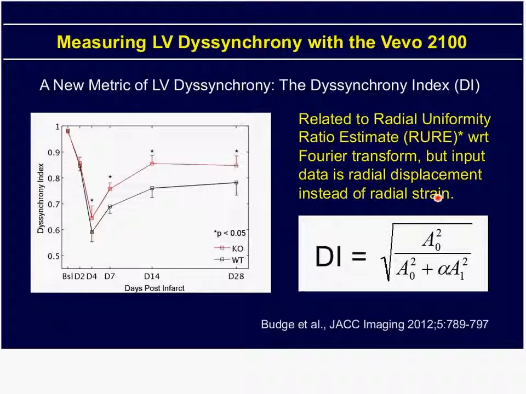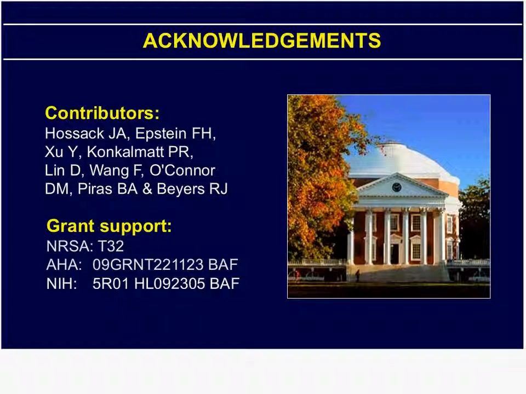This simplifies the analysis a little bit, saves a step, and we think gives results that are comparable, perhaps even better. We still have to figure that out, but with this metric we're detecting a difference between groups at day 4, and that is maintained out through the end of the study. So this would be a potentially useful metric for long-term dyssynchrony.